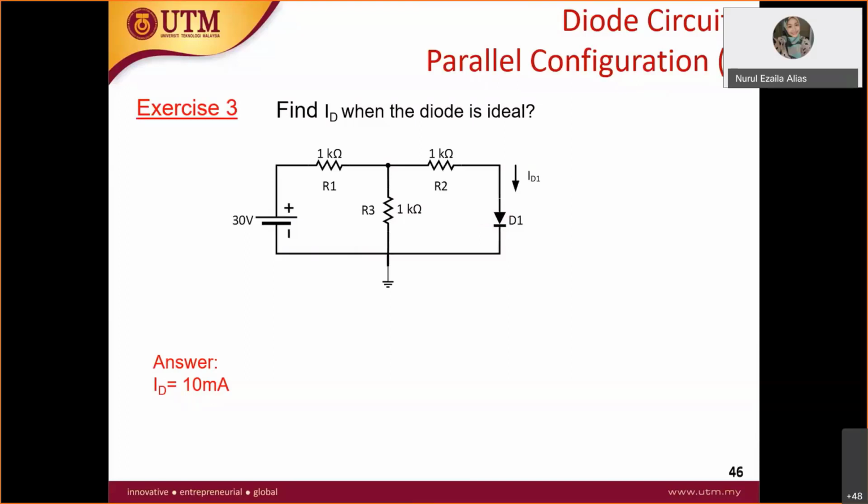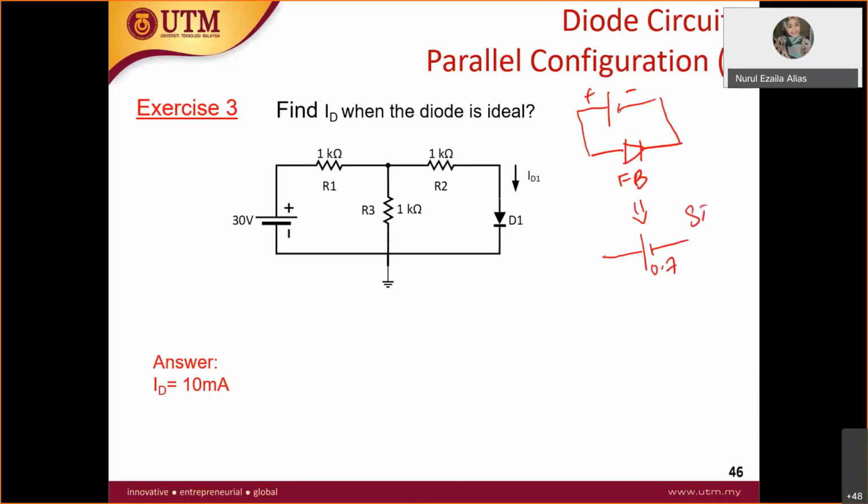Let me give you an example. If you have a diode here and you apply plus and negative to it, you know that this diode is forward biased, right? If it is a silicon diode, it has a voltage drop of 0.7.